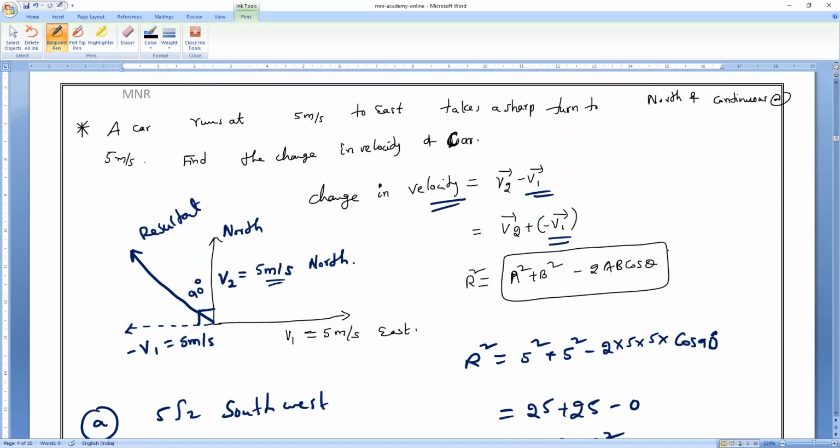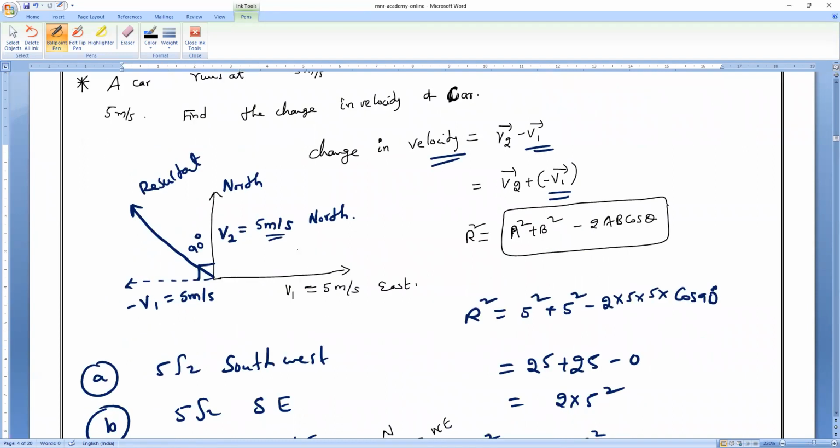Completed? Solve it. How to solve? Understood, everybody? Change in velocity. By seeing that word, you should understand. Change in velocity means final velocity minus initial velocity.